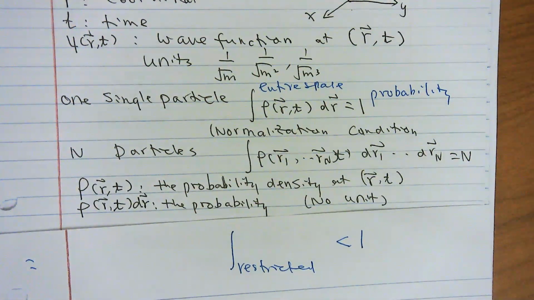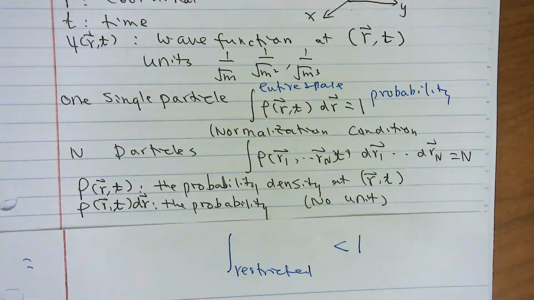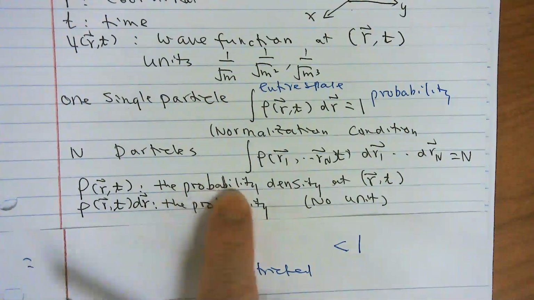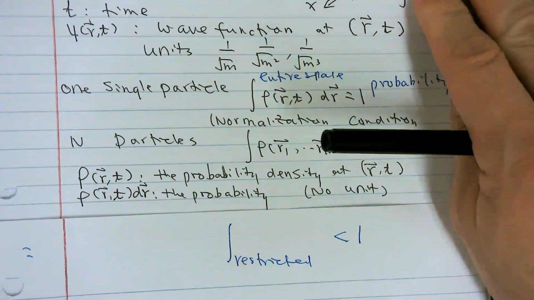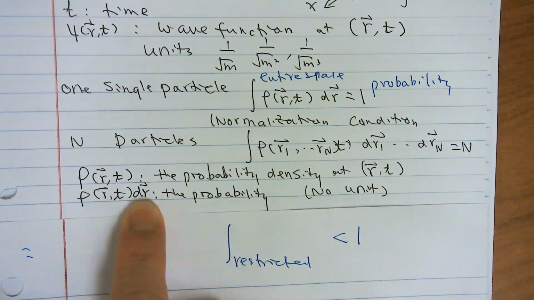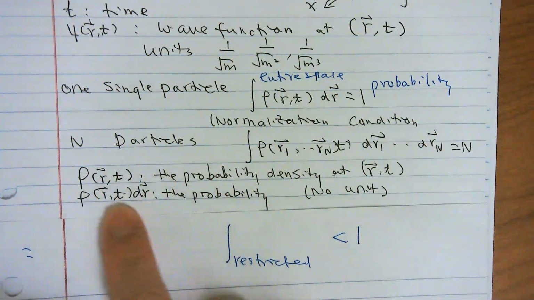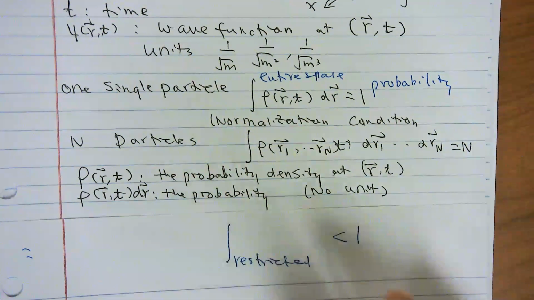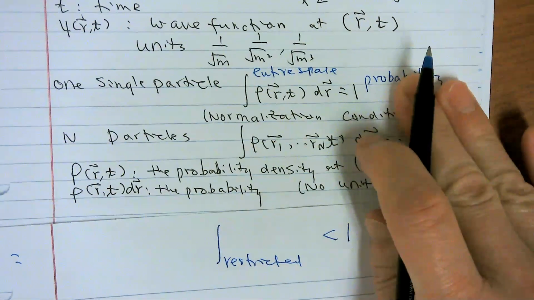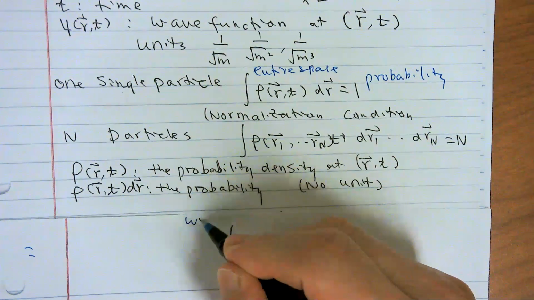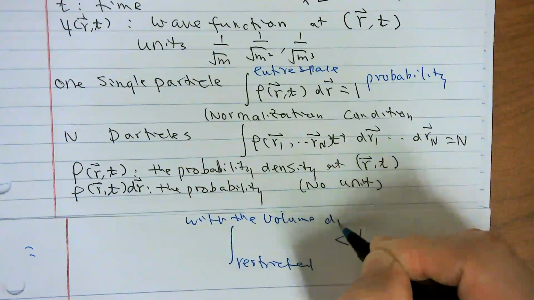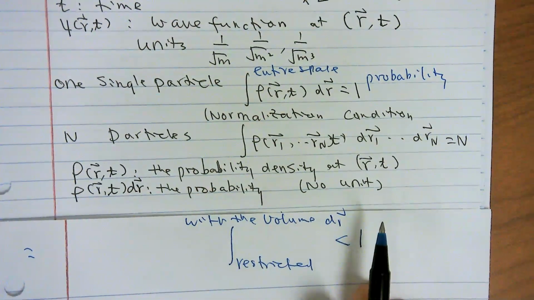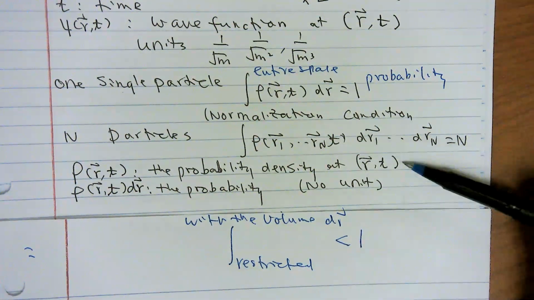Now let's look a little closer. Here is a summary. Rho itself is called the probability density at point R, T. If you multiply it by dr, this term is called a probability, the probability within the volume dr. It has no unit, whereas the density has a unit.